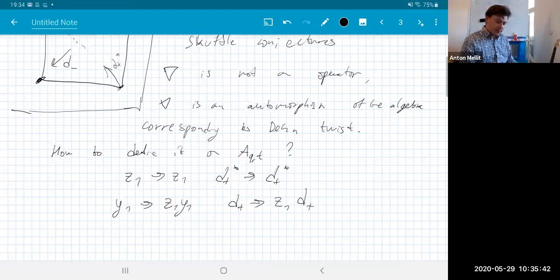So to define the Dehn twist, it's very easy, local rules in terms of the operators, and then it is very easy to check relations. And so you get this well-defined operator. You prove that it is well-defined.